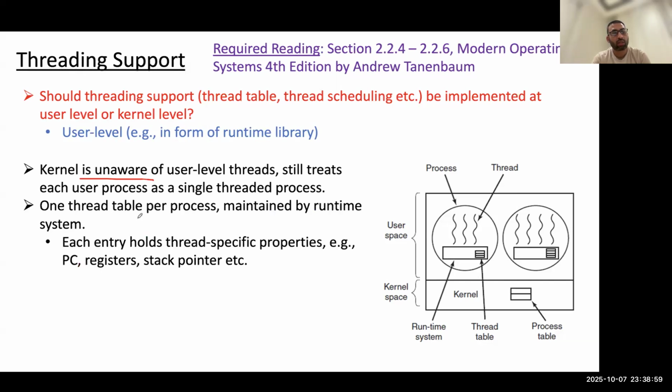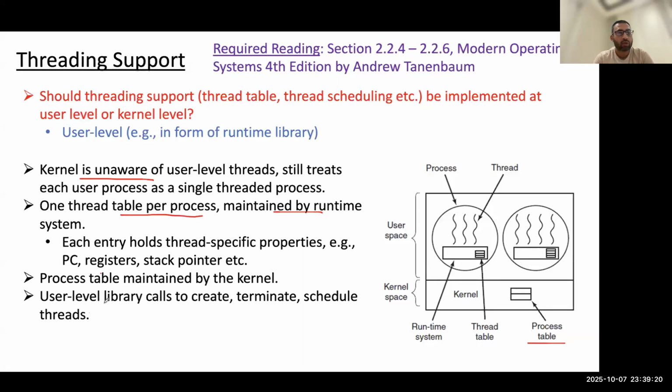The other thing is that one thread table is maintained per process, and it is maintained by the runtime system, which is basically the library. Each entry in the thread table holds the thread specific properties, for example, PC, registers and stack pointer. So the process table is maintained by the kernel, and the user level library provides library calls to create, terminate, and schedule threads.